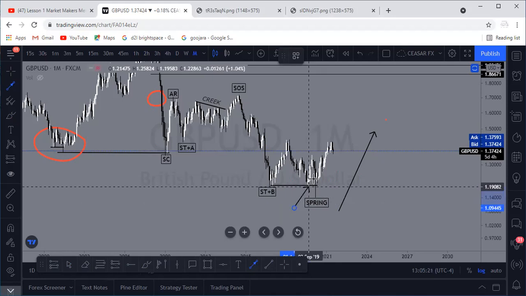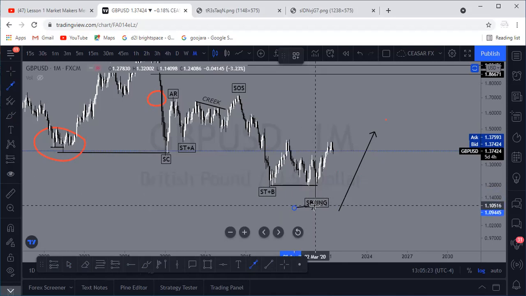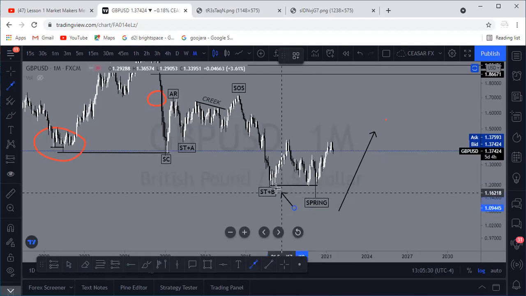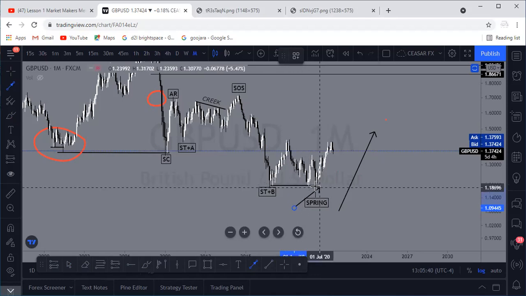You see? So they move the price strongly like this, creating a spring, grabbing liquidity that was here, also here, also here, and also here. There was a stop loss that was here, and also here, and also here, and also here, by just this one move.